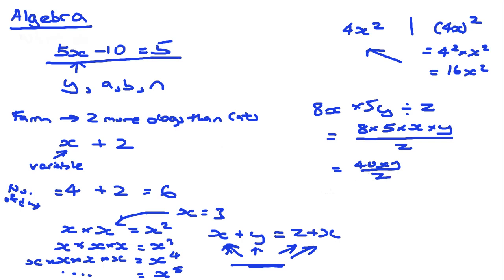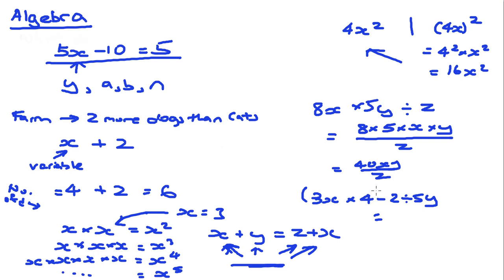What about an example like this? 3x times 4 minus 2 divided by 5y. In this case, you have to complete the multiplications and divisions first before you can do the subtraction. You cannot do 4 minus 2 equals 2 and then 3x times 2 divided by 5y. We cannot do it first.